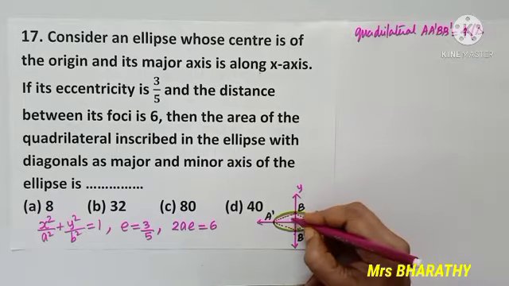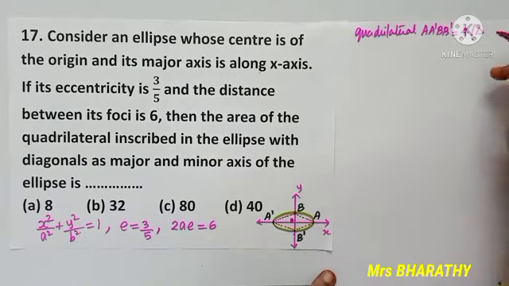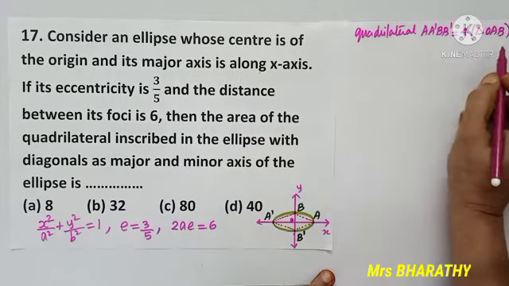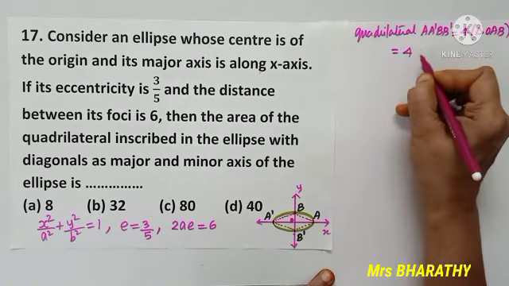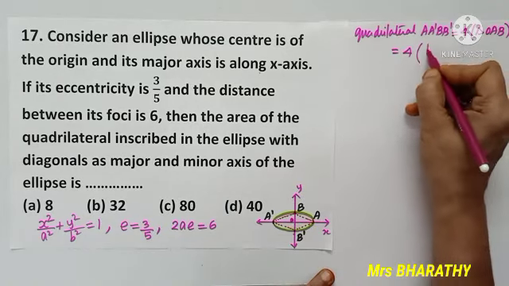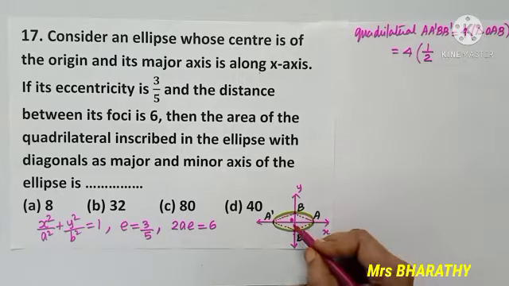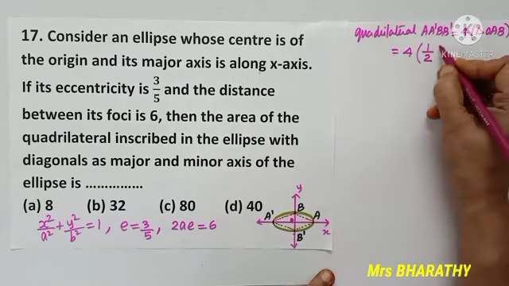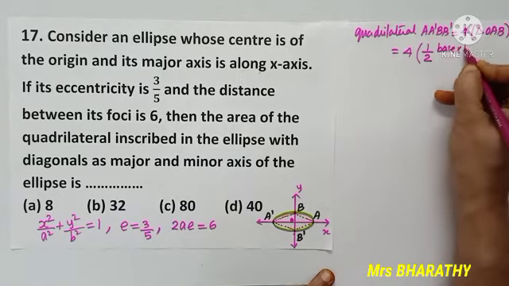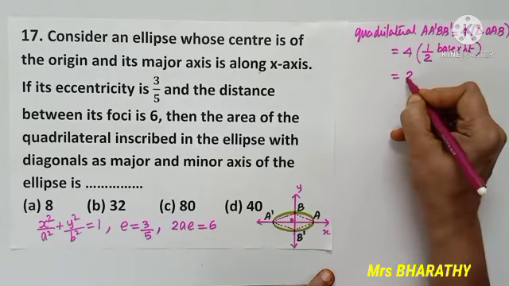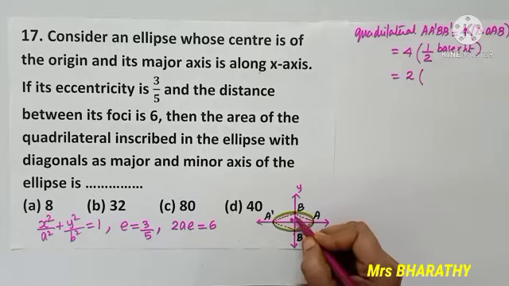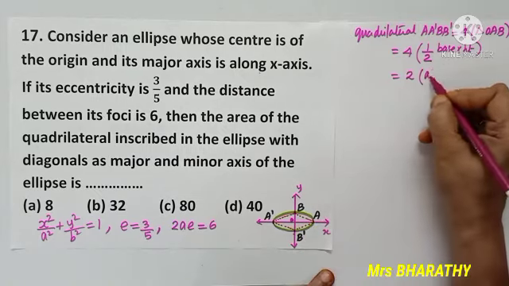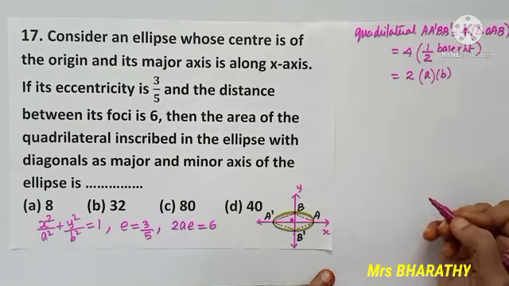I can call the center as O. It is OAB. 4 times area of triangle OAB. What is triangle OAB? Half base into height. We know I can cancel. Base is A and height is B. So 2 into A into B.